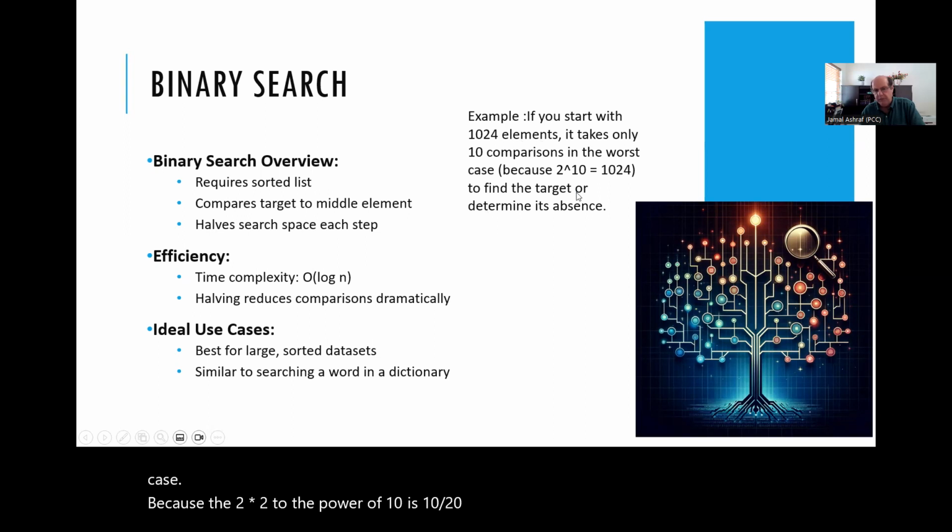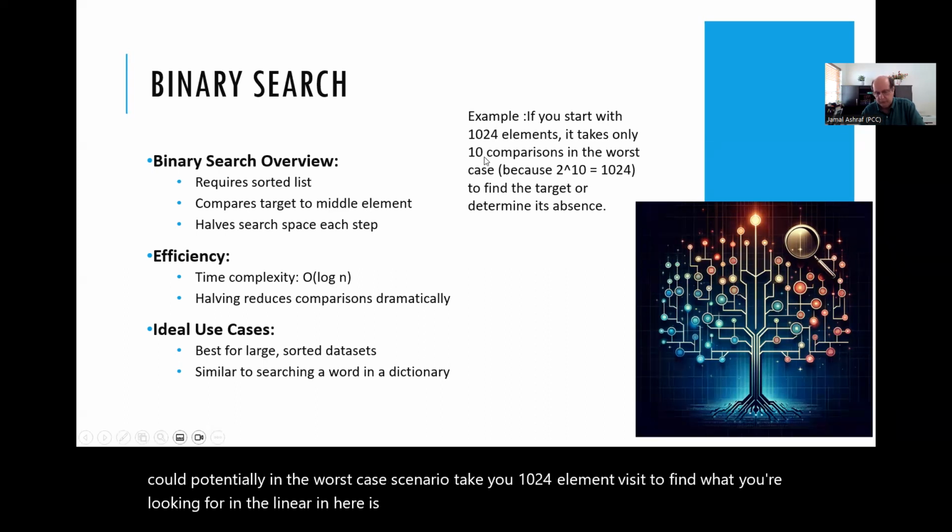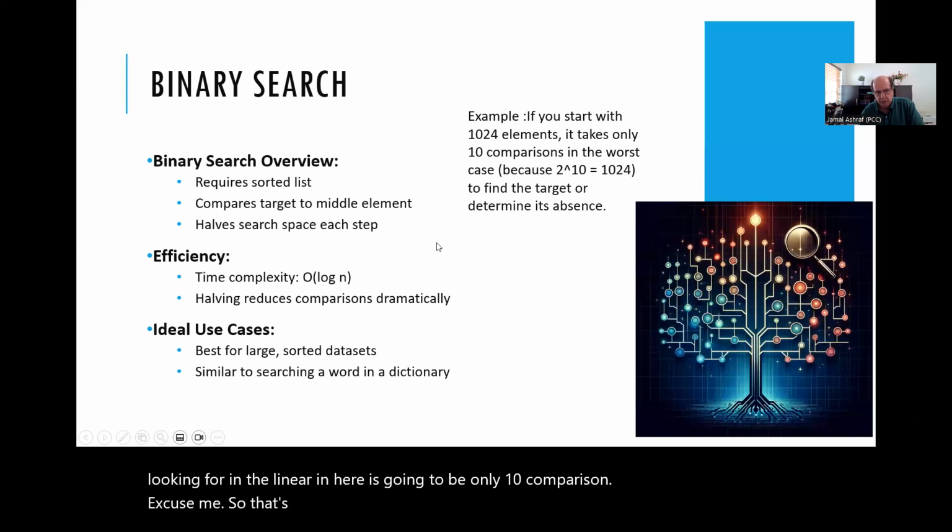And remember, comparing this to linear, it could potentially, in the worst case scenario, take you 1,024 element visits to find what you're looking for in the linear. In here it is going to be only 10 comparisons. So that's what the binary search is. It's for a large, and it has to be sorted, data set.